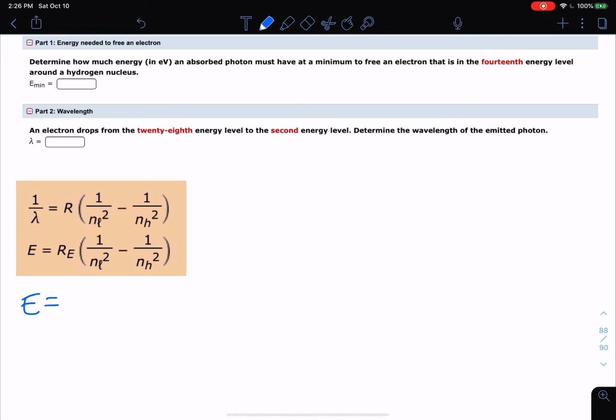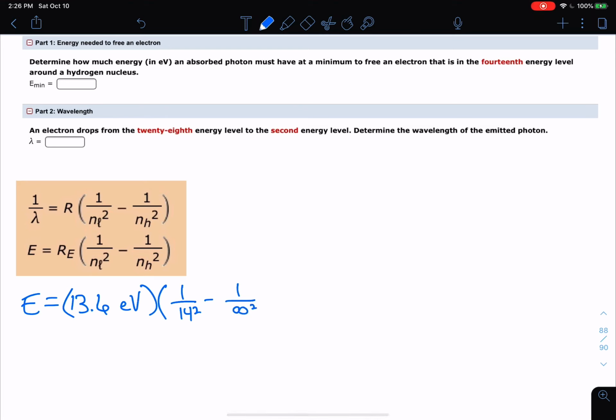So I need the Rydberg energy, which is 13.6 electron volts, times 1 over, now I need the lower energy level. The lower one is 14, and I got to square that. And then the higher one, we're trying to free the electron, so that means the energy level is infinity.